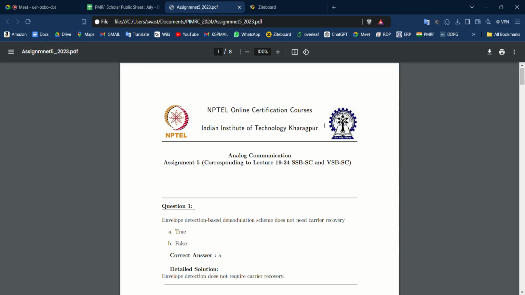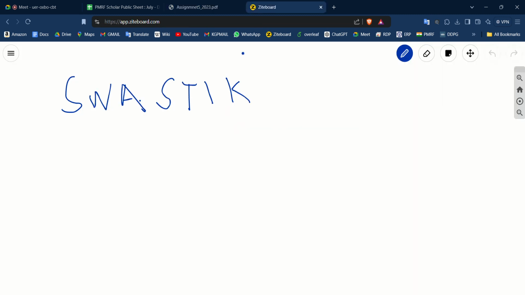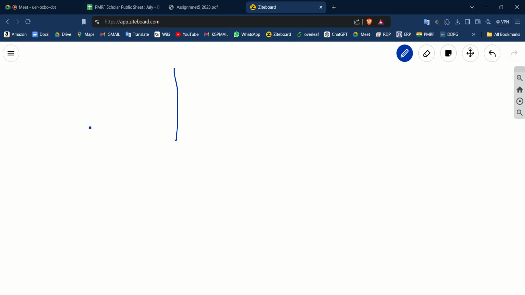In single sideband suppressed carrier, we only have one of the lower sideband or upper sideband, and we don't even have any carrier. So just one of them.